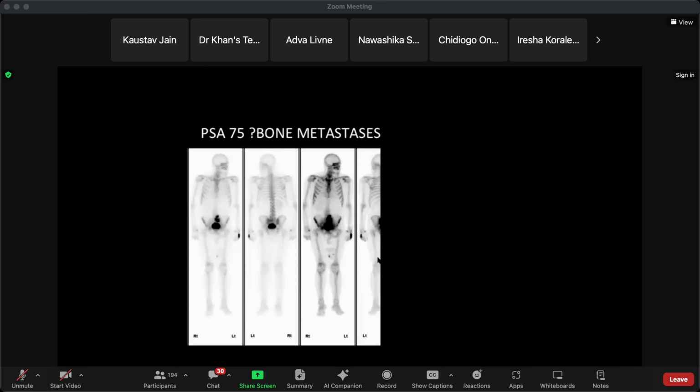There is a urinary catheter in situ, and increased foci superior to the bladder, which doesn't conform with any bone pattern. It is predominantly visible on the anterior view, and more so on the more intense non-corrected view.